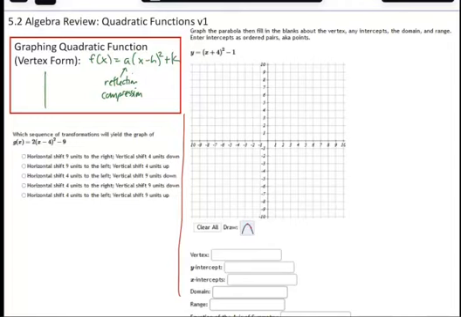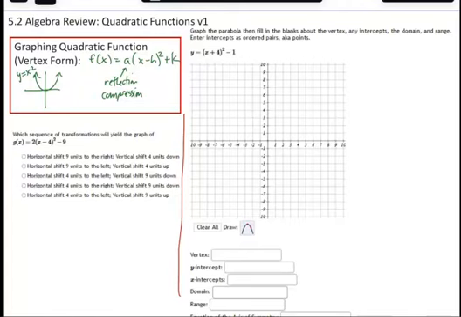Your basic graph looks like this. This is your parent function graph for a quadratic. And so an a that's greater than 1 stretches that, makes it steeper. A value that's less than 1, so a fraction between 0 and 1, makes it flatter or wider. That's the compression part of it. And the reflection part is if a is positive, it opens up. If a is negative, it opens down.